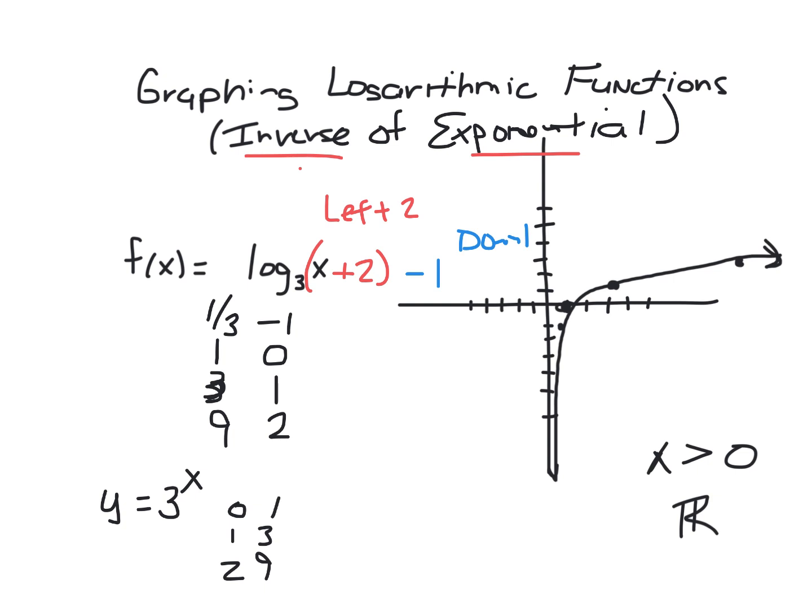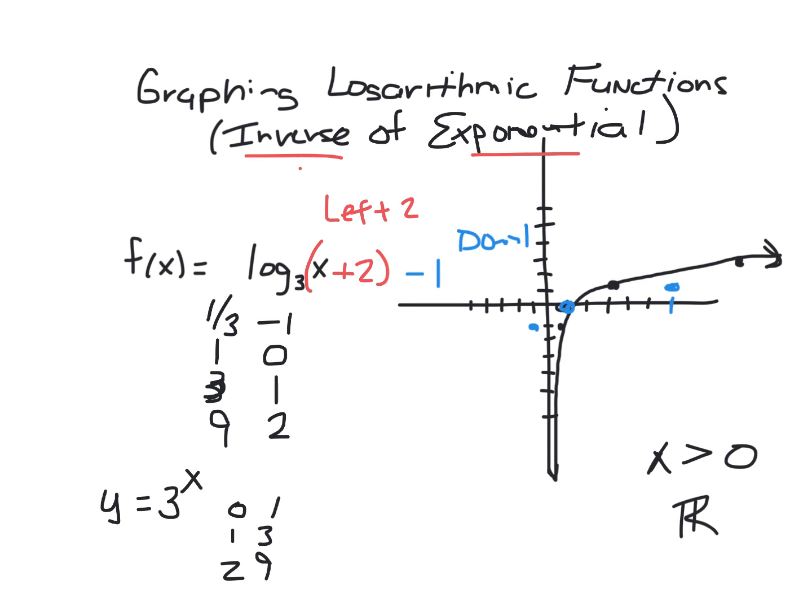So I'm going to start with the (1, 0) point. If I move left 2, down 1, that would be right there. The (3, 1) point, if I go left 2, down 1, I'm right at (1, 0). The (9, 2) point, I would go left 3 and down 1, and I would be at (6, 1).